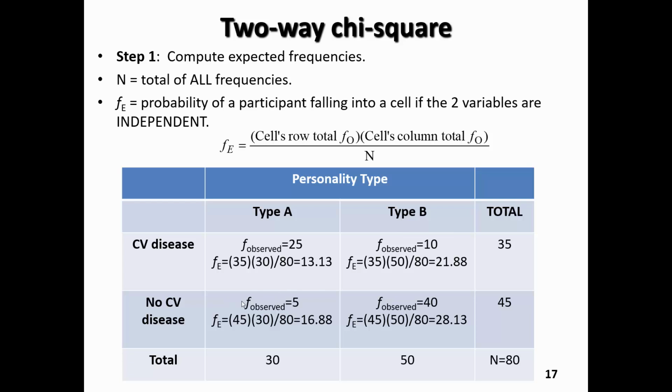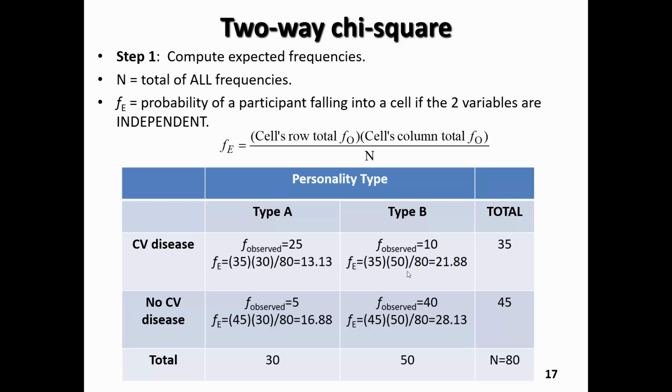With no cardiovascular disease, once again you see that there are considerably more people of type B personalities as compared to type A. So to carry out the expected frequency, we would take the 35, which is the total along the row, multiply it by the column total, which is 30, and divide it by the overall sample size, the uppercase N, which is 80, and then we have a value of 13.13, which is the expected frequency.